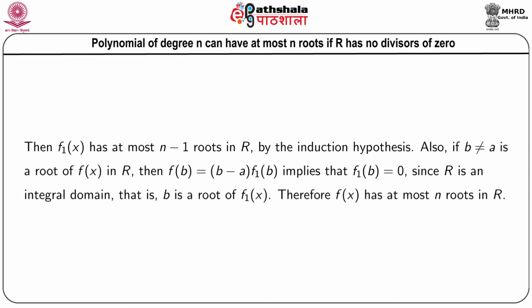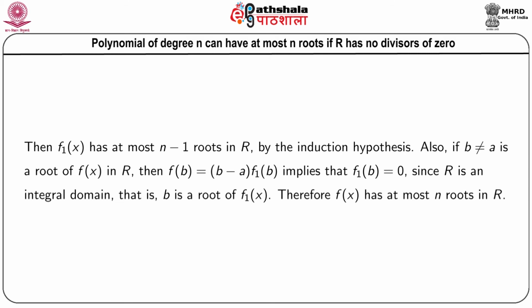Now we show that if b is a root of f(x) in R and b is not equal to a, then b is also a root of f1(x), which will prove precisely that every root of f(x) in R other than a is also a root of f1(x). Then f(b) equals (b minus a) into f1(b).